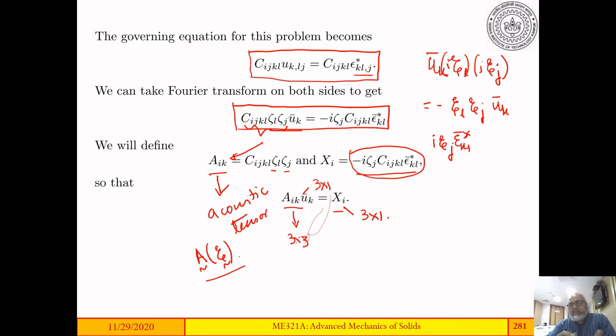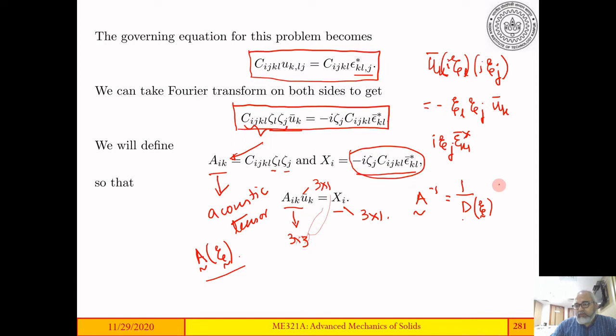Now obviously in all cases, remember that aik is a function of zeta. Inverting it would be like inverting a bunch of functions in zeta. You can invert a 3 cross 3 matrix by the usual method. And the usual method involves the following. When you want to find A inverse, the way you would do it, you would find the determinant of A, which will be dependent on zeta because A's are dependent on zeta.